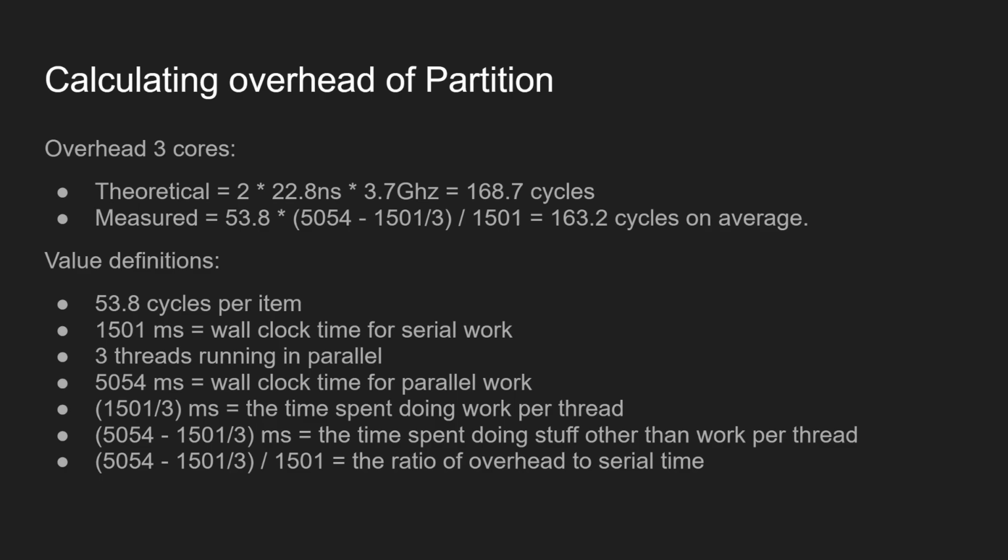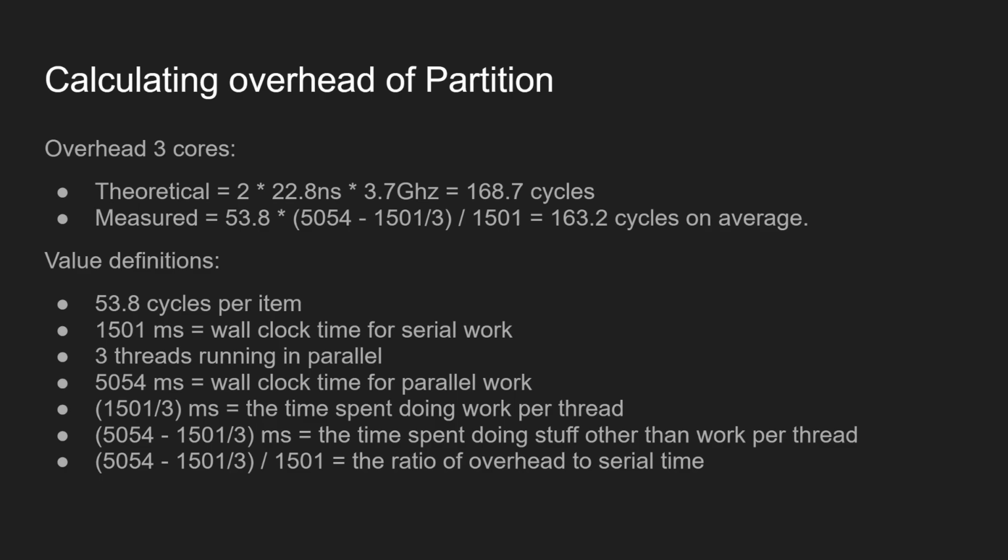If we take the serial time divided by 3, then that's the amount of time that it takes to actually do the work per parallel thread. Thus, the amount of time that a parallel thread does stuff that isn't productive work is going to be the total running time, which was 5,054 milliseconds, minus the amount of time that that thread was doing useful work, 1,501 divided by 3 milliseconds.